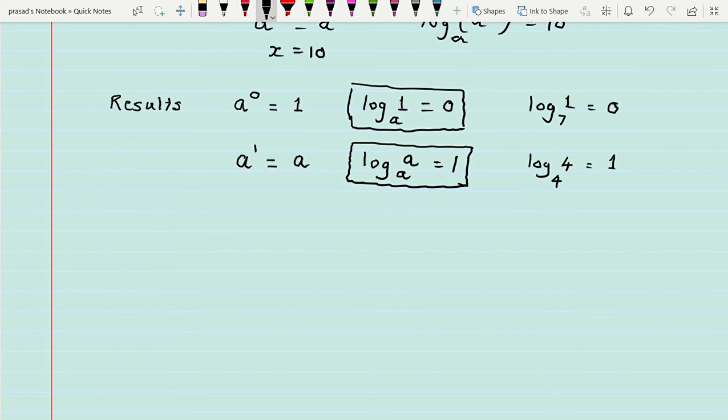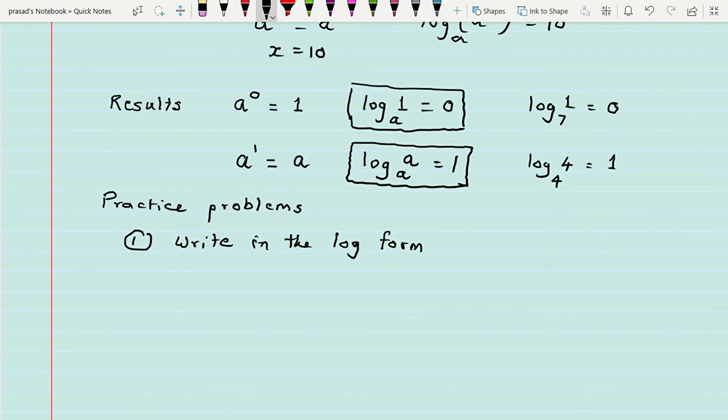So I will give you some problems for practice. Practice problems. So first one, write in the log form, logarithmic form.